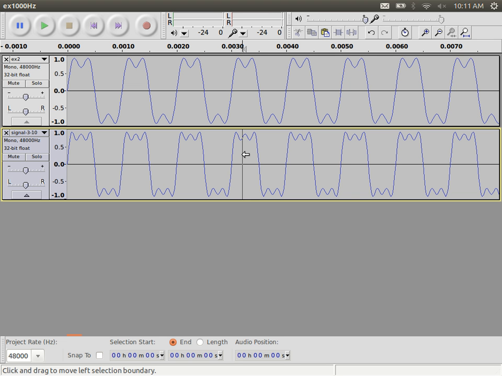Data rate. So remember the definition of the absolute bandwidth is the difference between the minimum frequency component and the maximum. We've got 1, 3 and 5,000, so it's 5,000 minus 1,000.